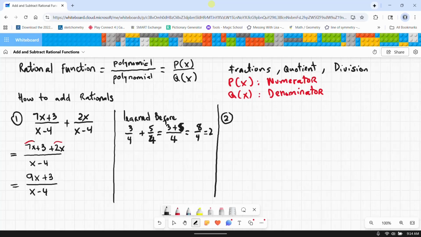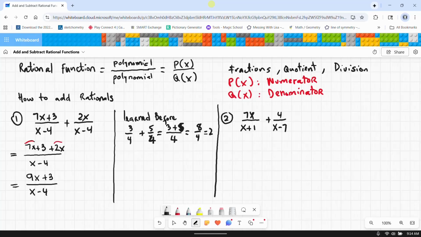Example number 2. Here we have 7x over x plus 1, plus, let's say, 4x minus 7.